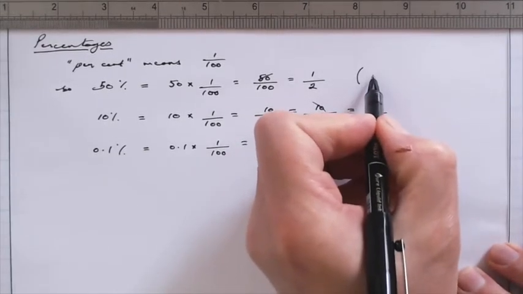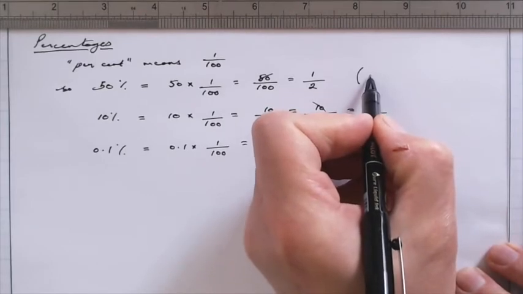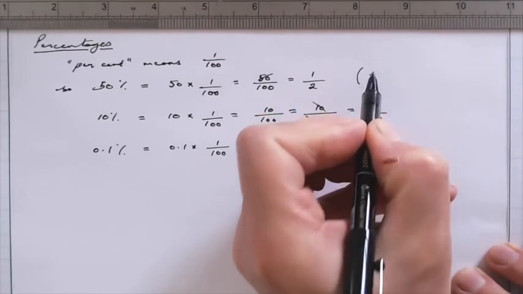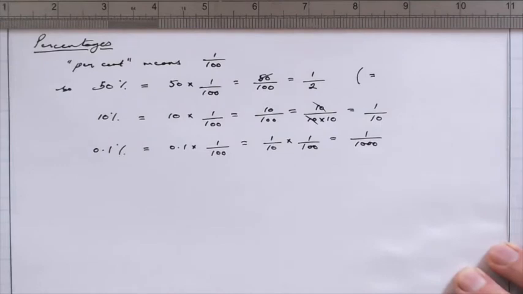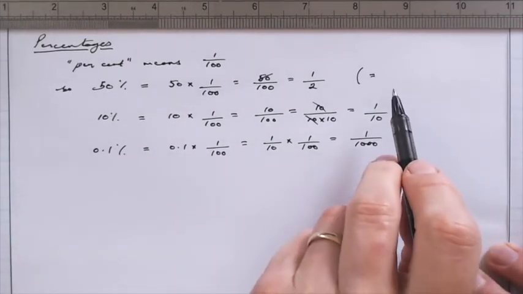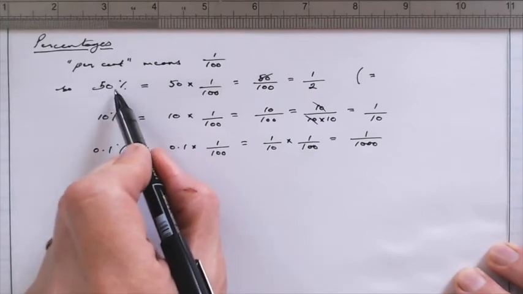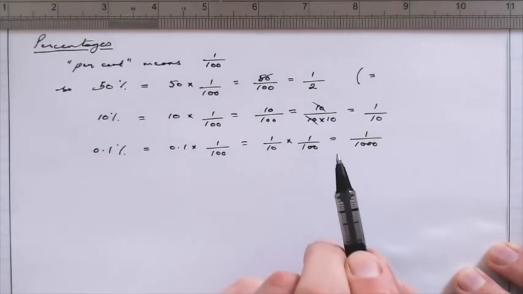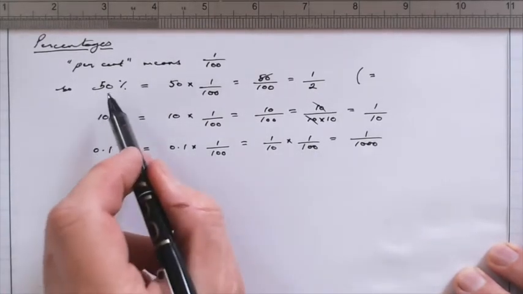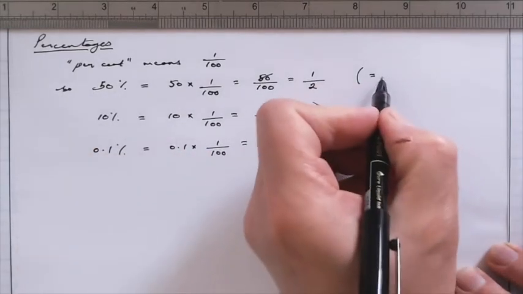We haven't really talked much about decimal numbers in this series of tutorials to date, but we can convert these percentages to decimal numbers. The easiest way really is to look at the percentage and to move the decimal point 2 places to the left, because we're essentially dividing by 100.